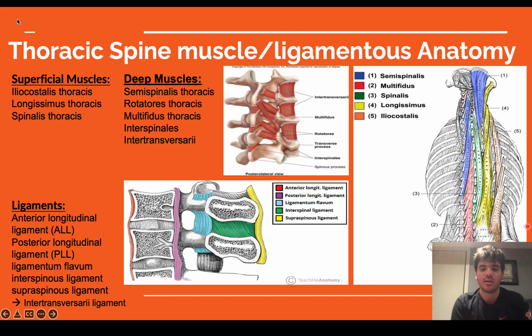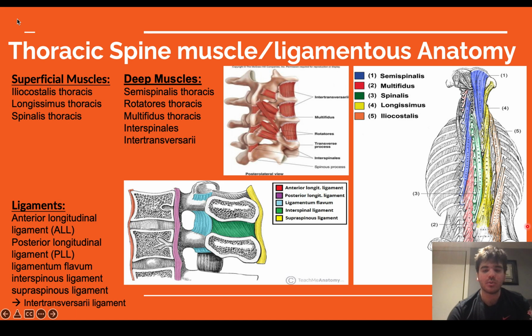And we're going to talk about the semispinalis thoracis portion, and that muscle is going to originate in the transverse process from T6 to T10 and insert from the spinous process from C6 to T2. And just like the last muscles, it'll help put the thoracic spine into extension, but this muscle, however, also helps rotate the vertebral column.